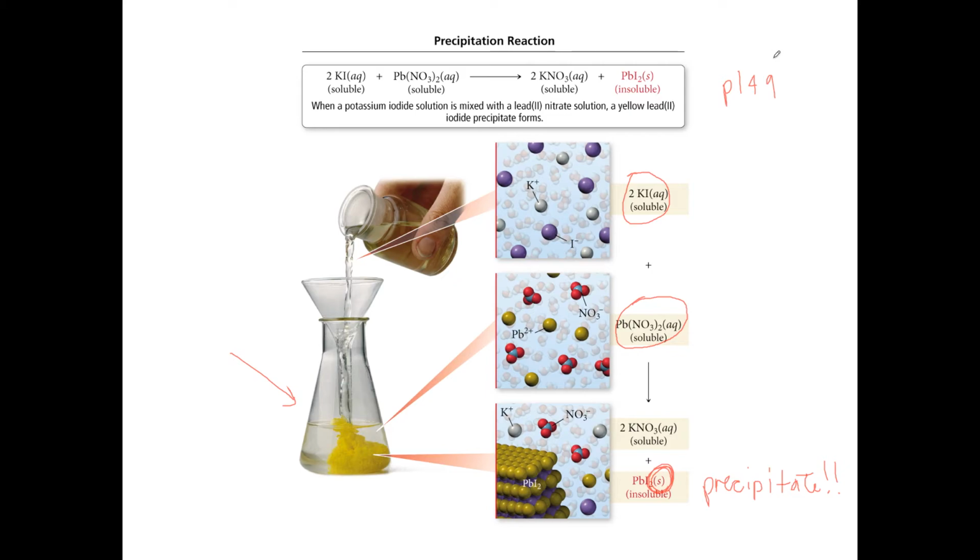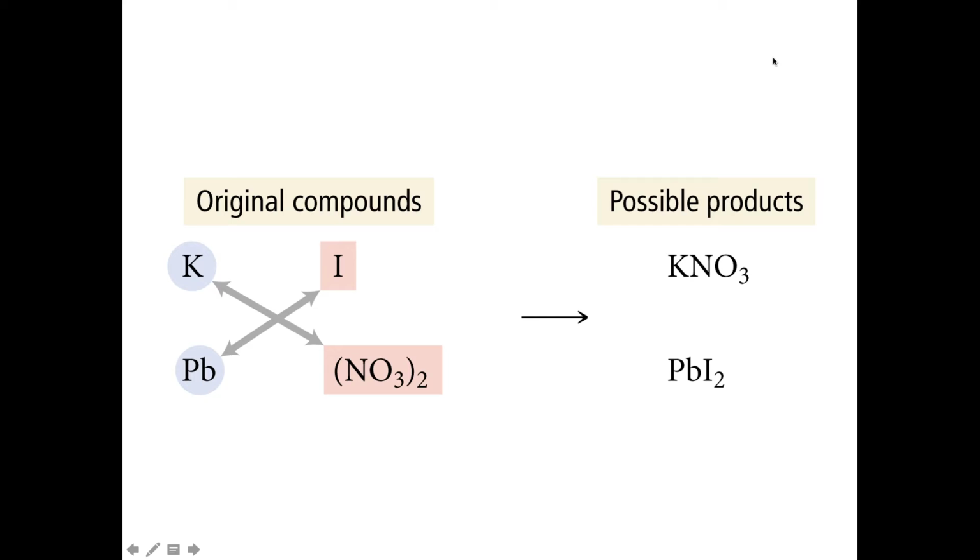Okay, so let's go on. Let's talk about, oh yeah, we already looked at this. So potassium and iodide came in together, and this was lead 2 and 2 nitrates. This is really like nitrate and a nitrate. Did you know that? Hopefully you knew that.